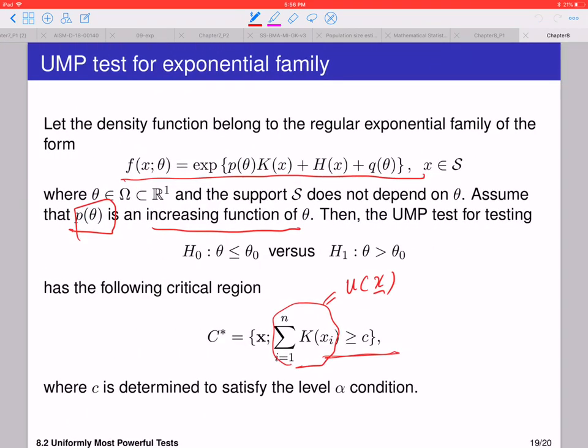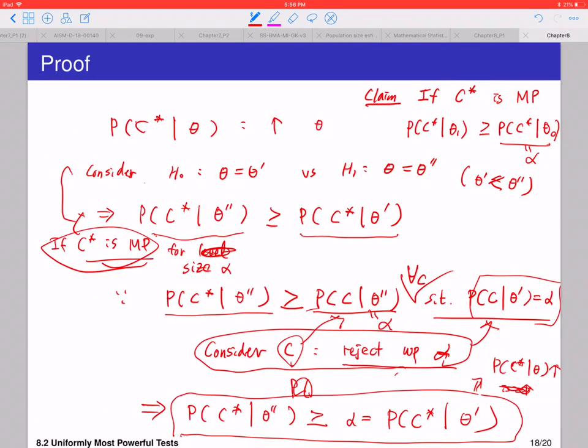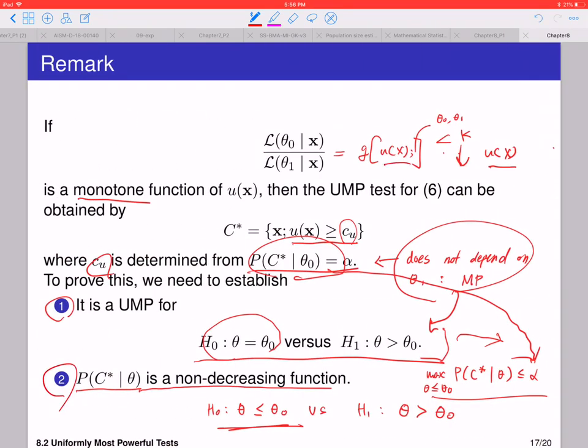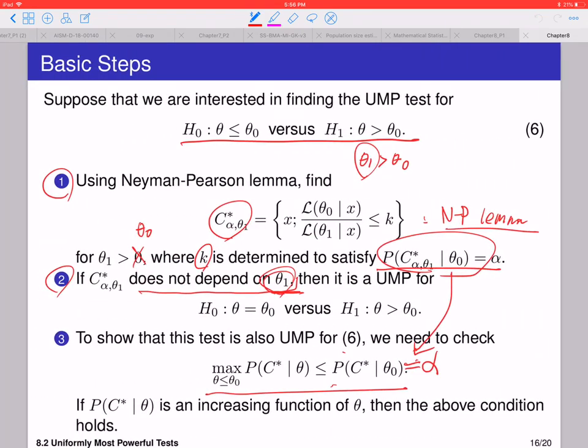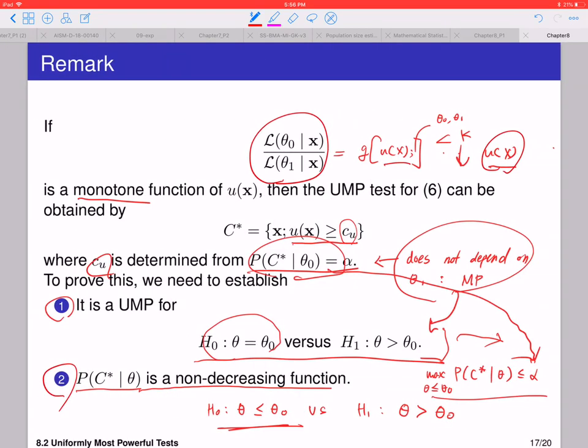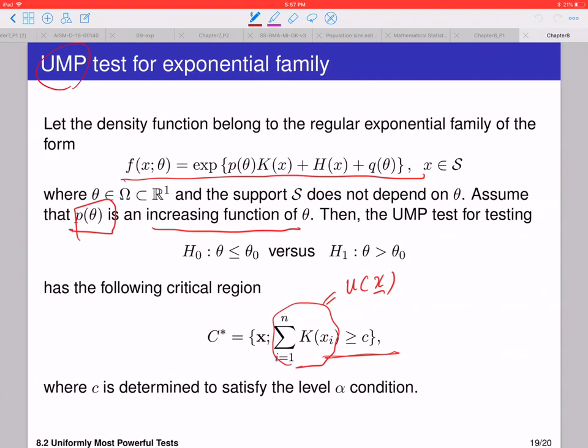And then, as I covered already in the class, the main message is that as long as the likelihood ratio satisfies the monotone likelihood ratio property, meaning you can find u(x) such that the ratio is monotone increasing or monotone decreasing, then you can easily find the UMP test.